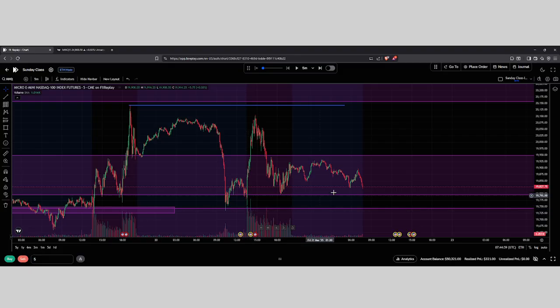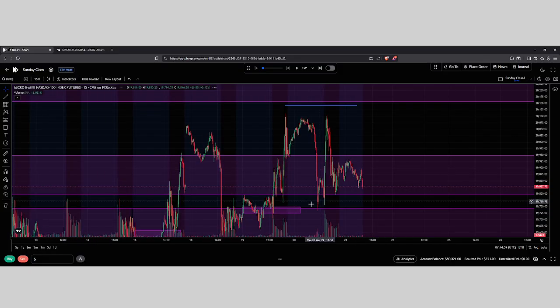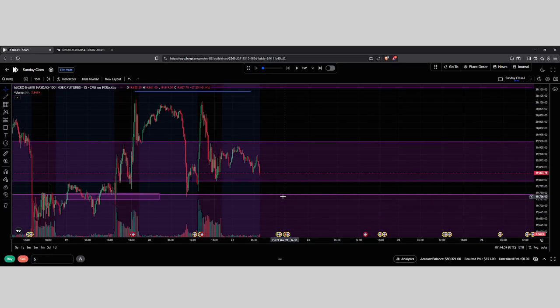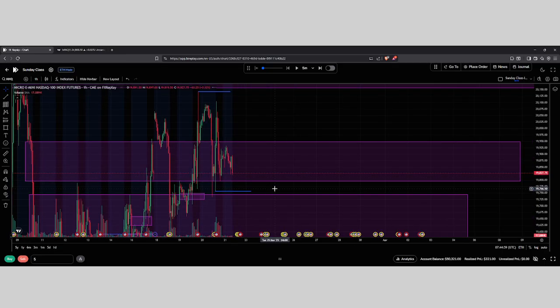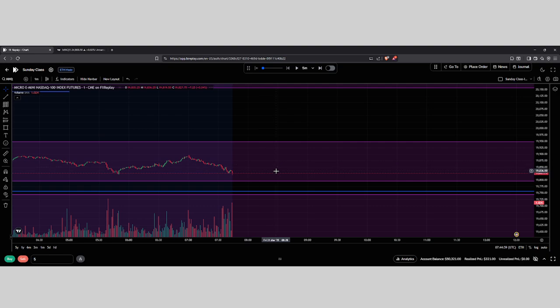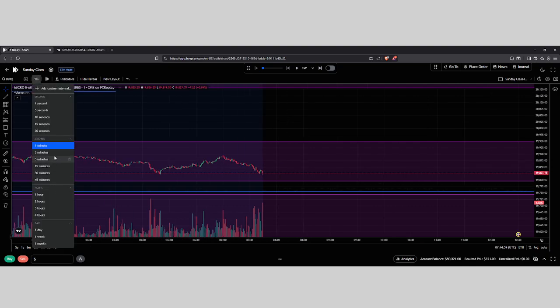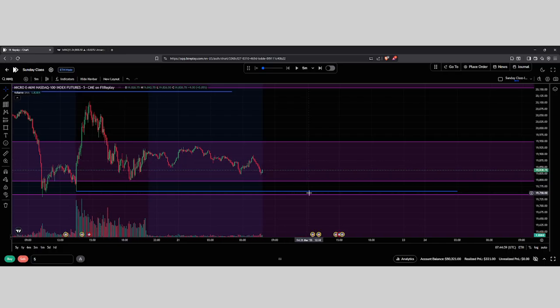We want these lows now. That's what we actually want, is these lows, right? Technically just these, but these ones as well. 1 hour, 1 minute, 5 minute.